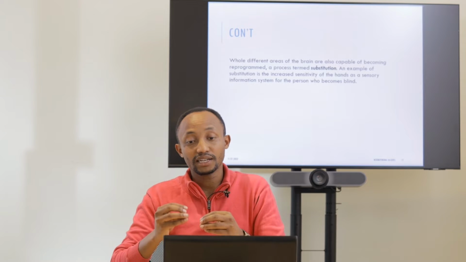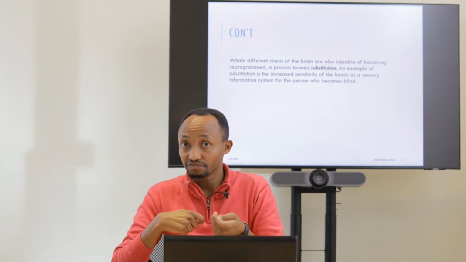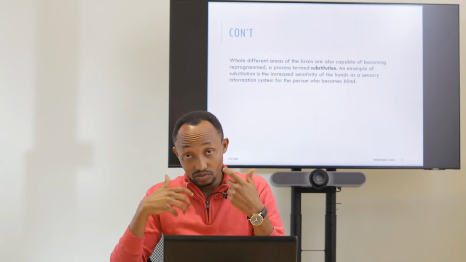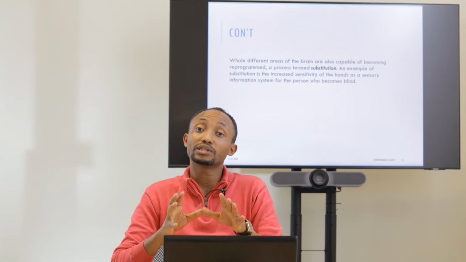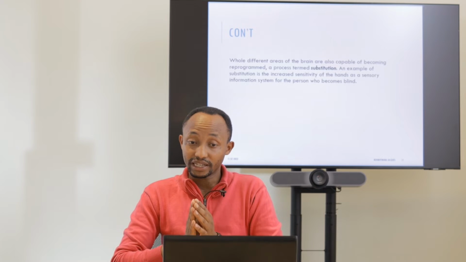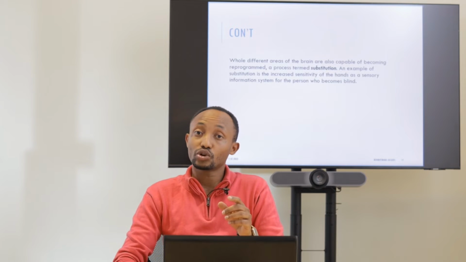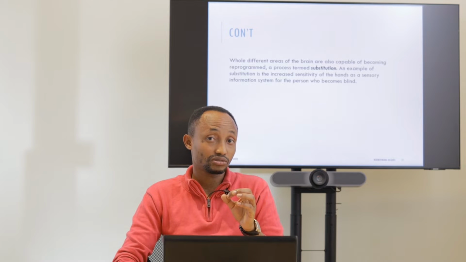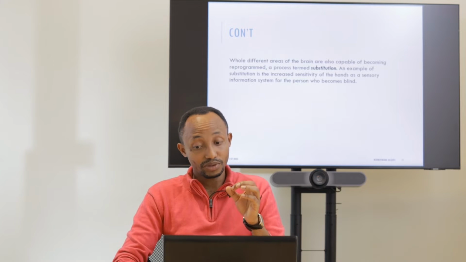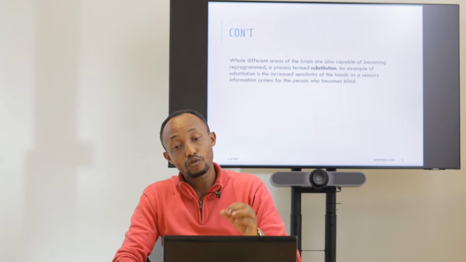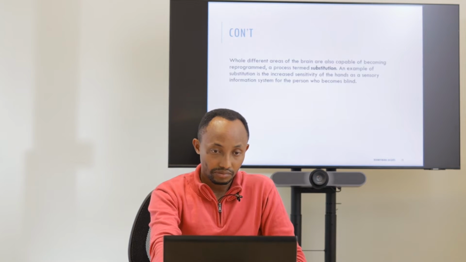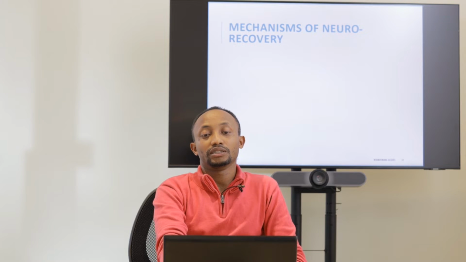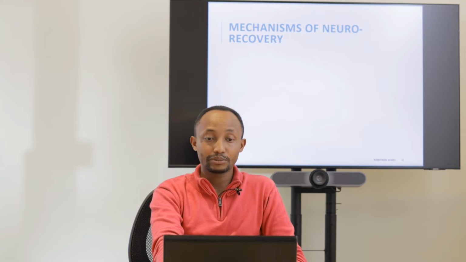So that hand is being reprogrammed to do what an eye would do. In that sense, we are talking about substitution. But again, this substitution is also a functionally induced recovery. I mean, it needs to be trained over and over for it to occur. Still, we're talking about the mechanisms of neural recovery.